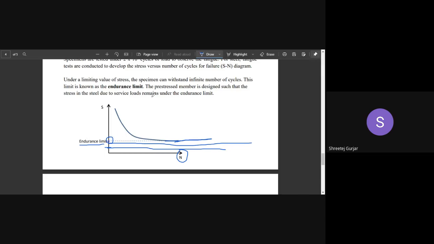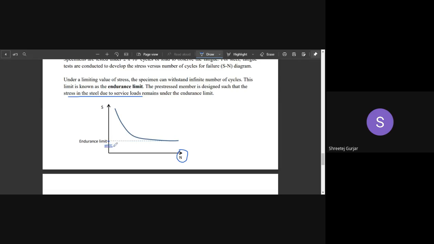So what we can do is design the pre-stressed member such that the stress in the steel due to service load remains under the endurance limit. Whenever we are designing our pre-stressed members for fatigue, we have to make sure that the stress in steel during service is below this endurance limit.